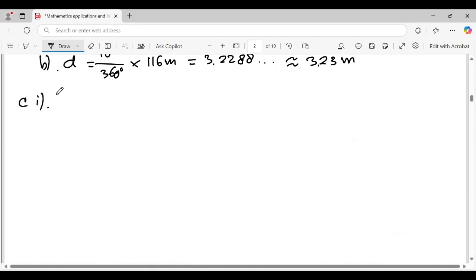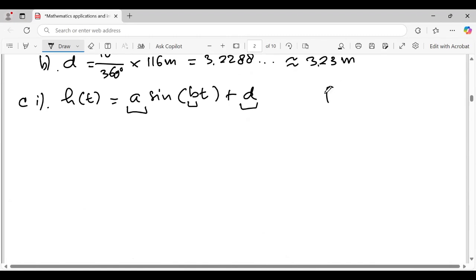Part 1. The general form of the sinusoidal function, h(t) equals a sine bt plus d. So we need to find a, b, and d. The period is p equals 2 pi over b.